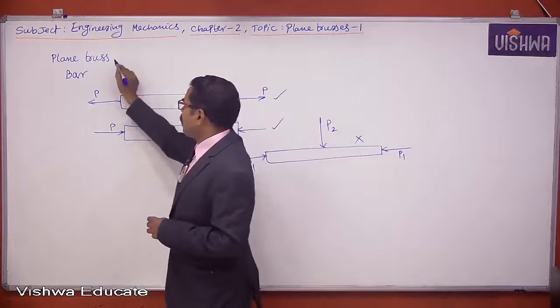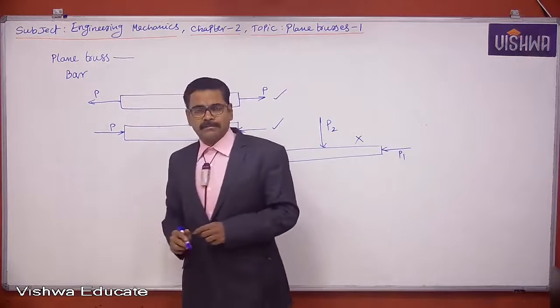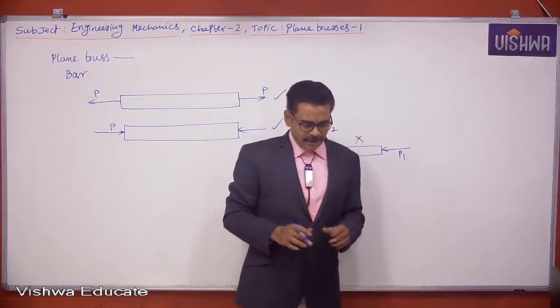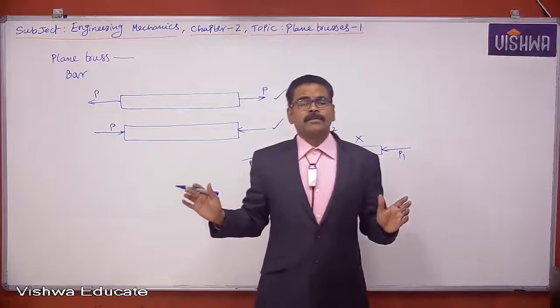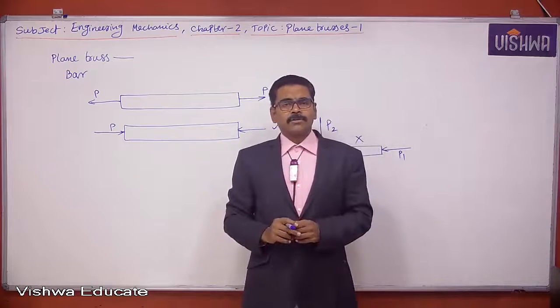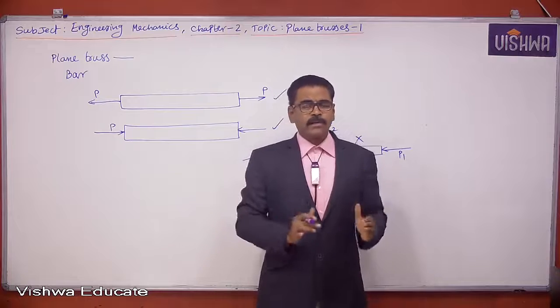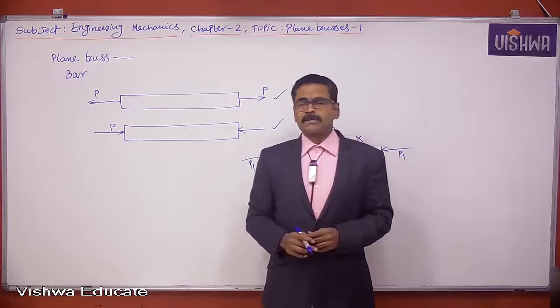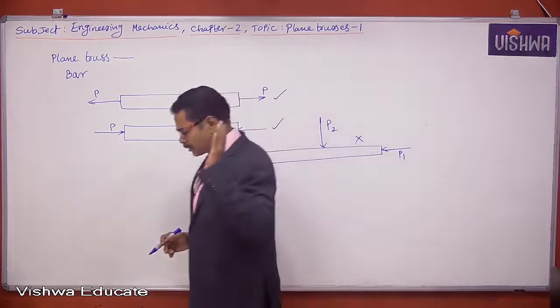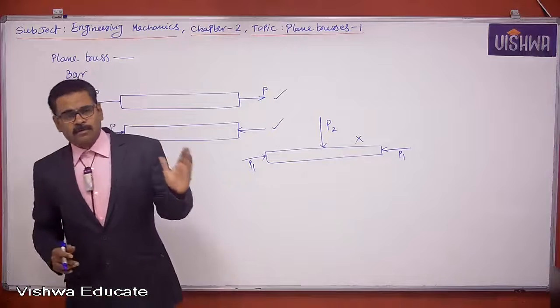And one point I have to add to plane truss. In plane truss, all elements should lie in the same plane. So the name itself is saying, in a truss, a number of elements could be there. All those elements should lie in the same plane in plane truss. If all elements don't lie in the same plane, the truss is called a space truss. So in the truss definition, you may add this point.